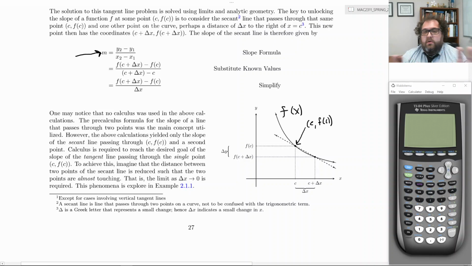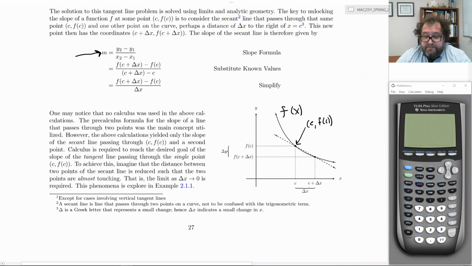Don't let those throw you off. That's all they are. Delta is a Greek letter, and in fact, this is a capital delta, a little triangle symbol. Capital delta just means change when you see it in math class. And so delta x means, actually, I should back up. Delta means a small change when you're in math class. And so delta x means a small change in your x values.